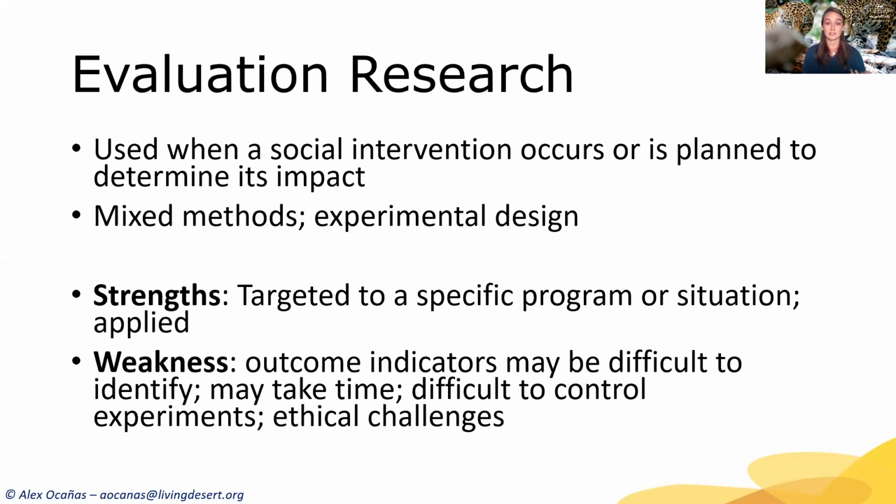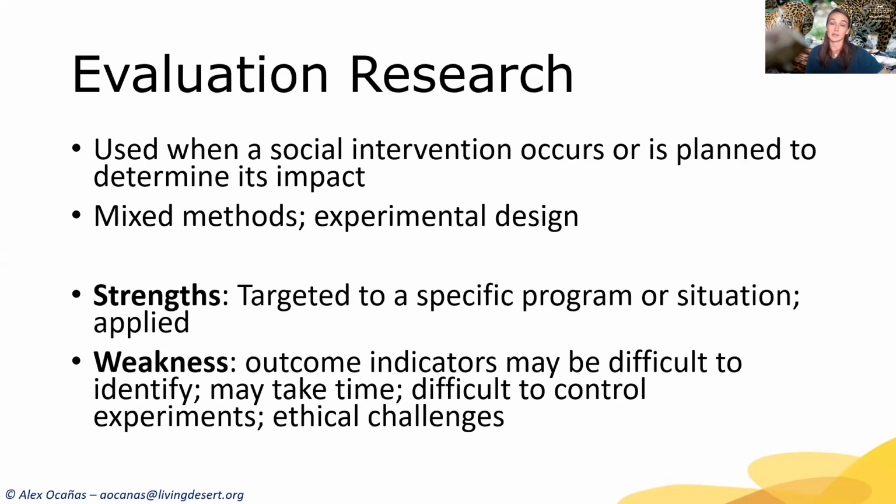So the challenges here are, one, that sometimes it can be difficult to identify which outcome indicators you're going to be studying. Sometimes you might not know what the outcomes will be of a certain social intervention in advance. So how do you know what to be testing for on the backside of it?